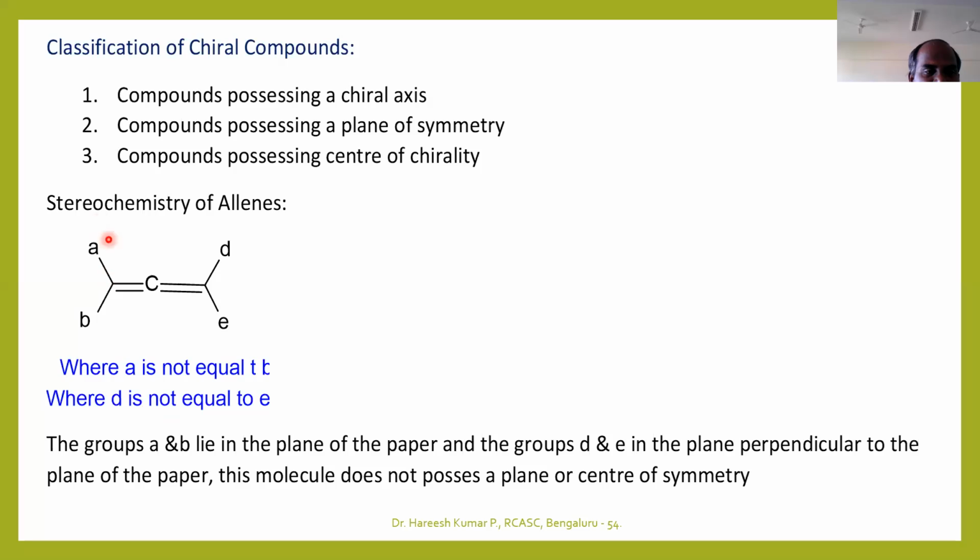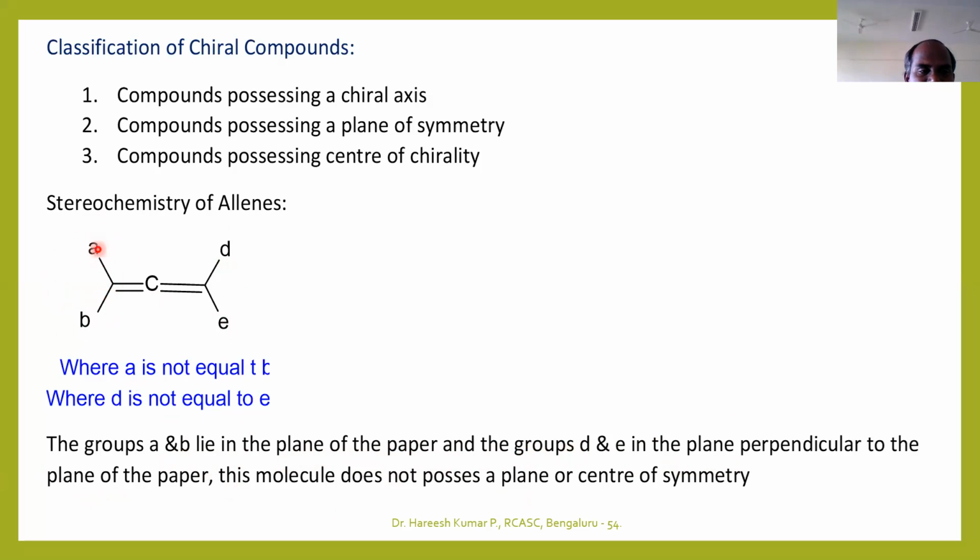One set of groups lies in the same plane, whereas the other one is perpendicular to that plane. So you can remember that A and B lie in the plane of the paper, and the groups D and E lie in the plane perpendicular to the plane of the paper.